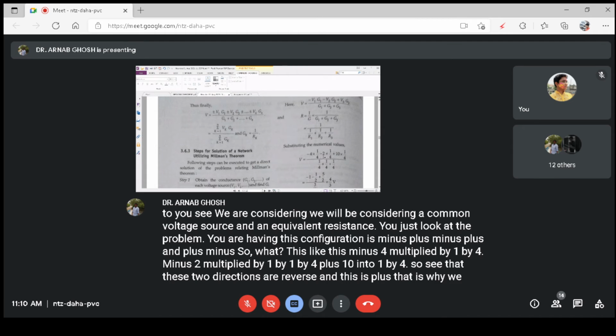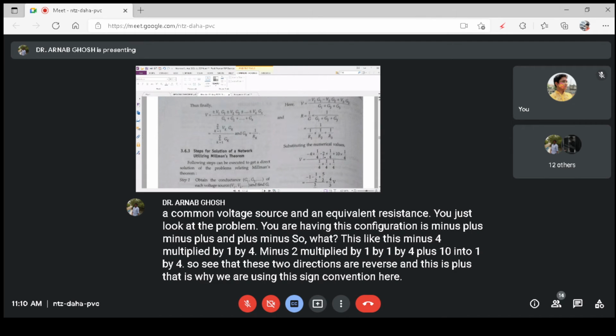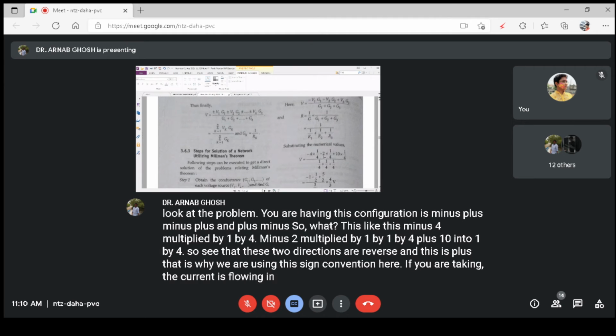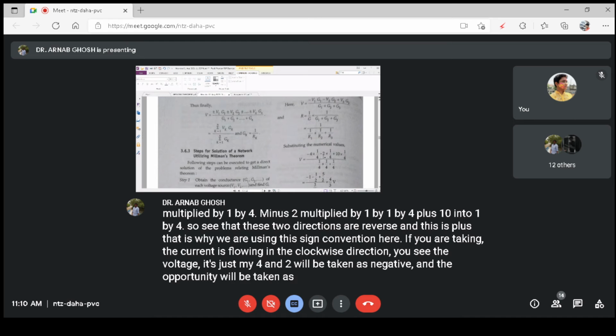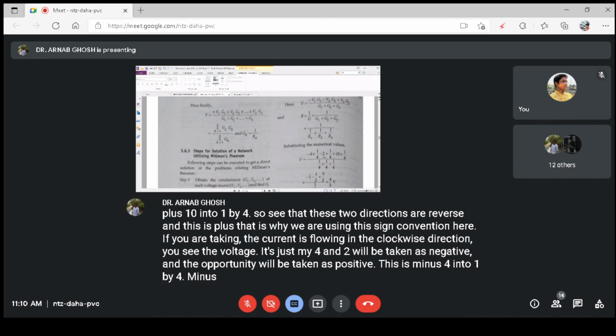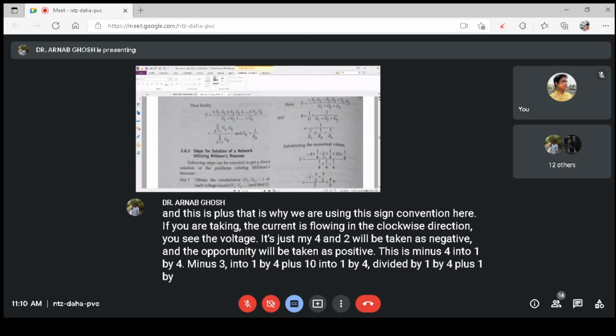Why are we using this sign convention here? If you are taking the current flowing in the clockwise direction, the voltage will be taken as negative, and the voltage source 10 will be taken as positive. This is minus 4 into 1 by 4, minus 2 into 1 by 4, divided by 1 by 4 plus 1 by 4 plus 1 by 4.